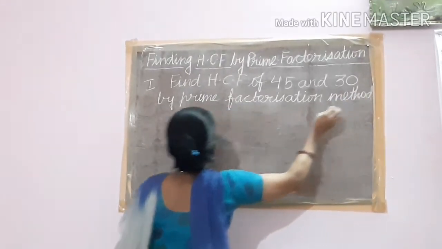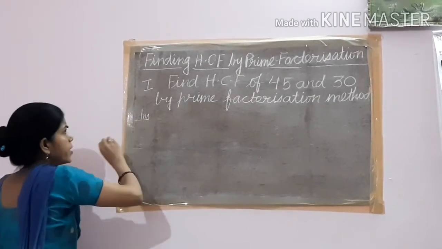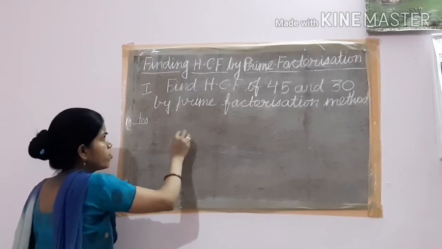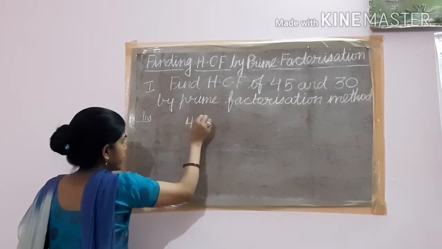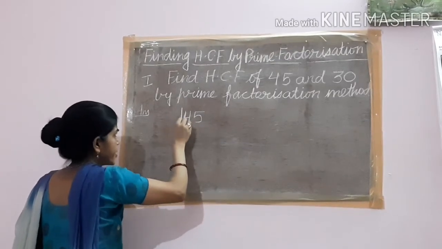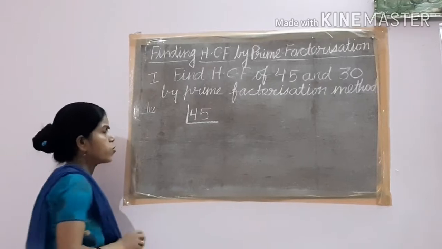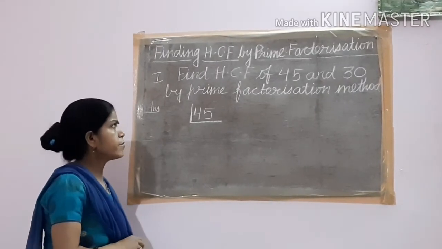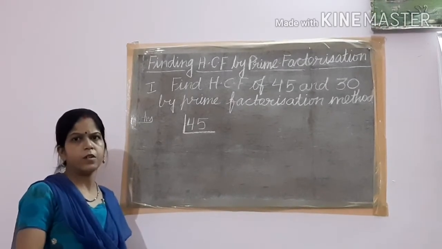Then how will you do it? For this, children, you have to use the short division method. Like, the first number is 45. You divide it by prime divisors. So what are the prime divisors? You can take the smallest prime number to divide it.